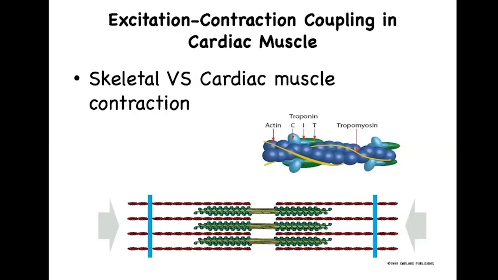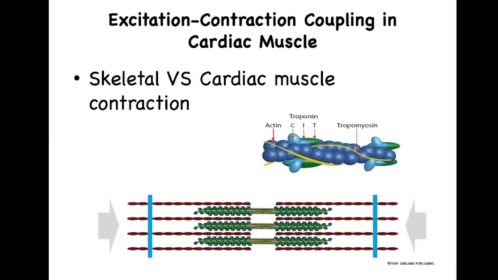The main protein in the thin filament is actin. This is a globular protein arranged in two strings that are twisted, and these look like a double strand of pearls that is twisted. Each one of those actin molecules is going to have a binding site for the myosin head. So remember, those are the green structures on the thick filament.